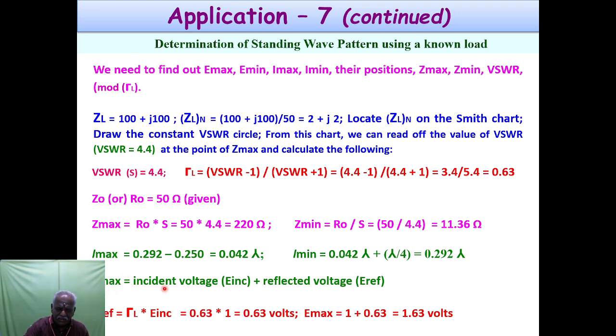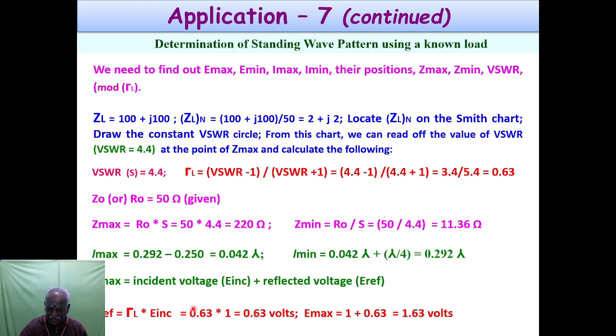E maximum is equal to incident voltage E incident plus reflected voltage E reflected. So E reflected is equal to gamma L into E incident. Gamma L is what? Reflected voltage divided by incident voltage, that is, voltage reflected at the load divided by voltage incident at the load. If it is multiplied by E incident, you will get the reflected voltage.